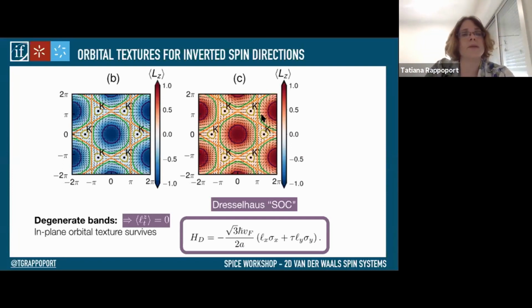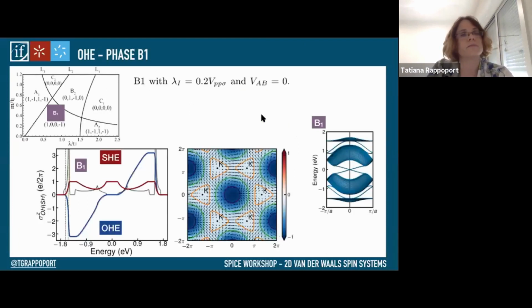Okay, let's see what happens now with the orbital Hall effect in the three topological phases. So let's begin with the one that we know the most. We basically only have spin-orbit coupling, VAB zero. So the spin states are degenerate, and the spin Hall effect presents three nice plateaus. If we look at the orbital Hall effect, first we see that it's an odd function, different from the spin Hall effect.